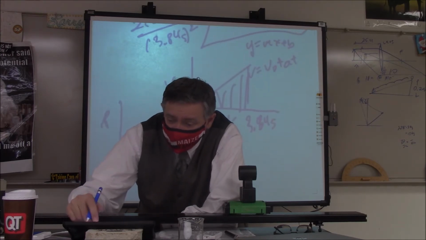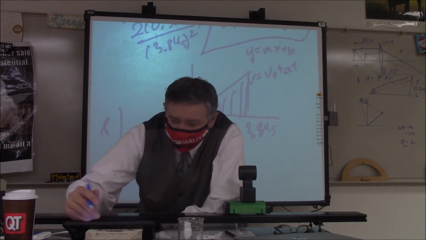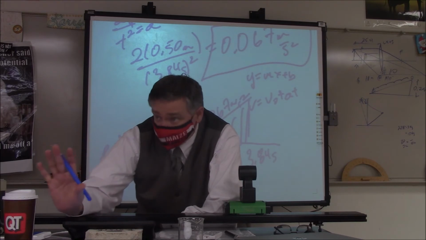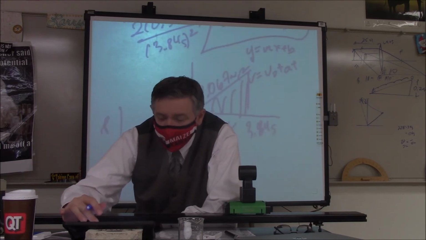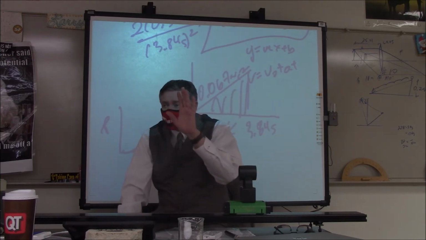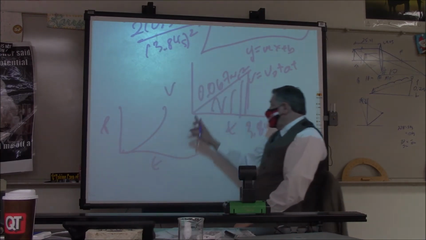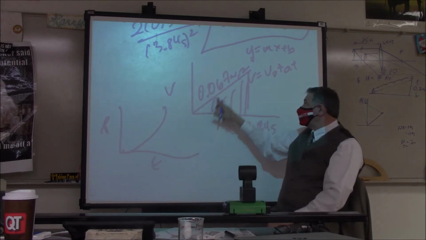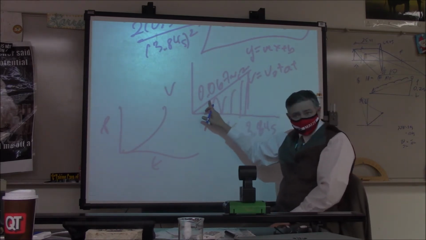Because we know this is 3.84 seconds, right? We know the slope of the line is 0.067 meters per second squared, right? We got that number. So here's what you have to understand: you have to understand what acceleration is. If you start at 0, at the end of the first second, you're going to be going 0.067 meters per second.